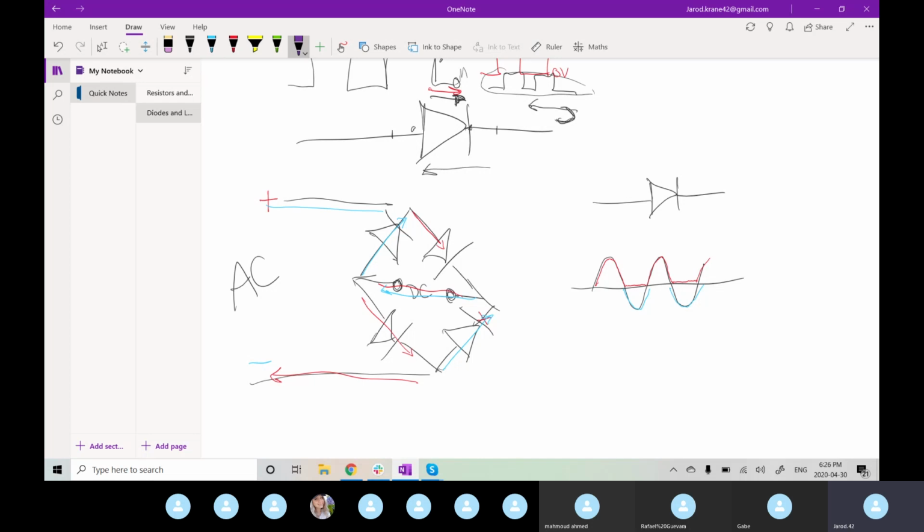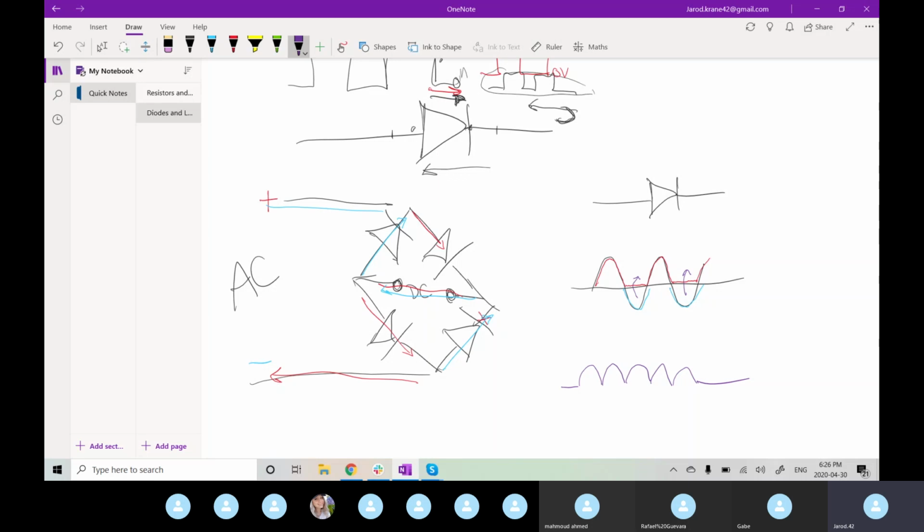So your output, instead of seeing a clipped sine wave, will see rectified, so your negative half cycles will come up, and instead your output will become very unfiltered, with a bunch of positive half cycles.